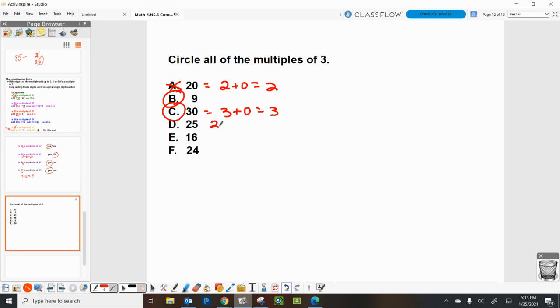How about 25? 2 plus 5 equals 7. Is that a multiple of 3? Nope. How about 16? 1 plus 6 equals 7. Is that a multiple? Nope. How about 24? 2 plus 4 equals 6. 6 is a multiple of 3, so is 24. Those are just a few little tricks to help you out. But you can always count by your threes too.